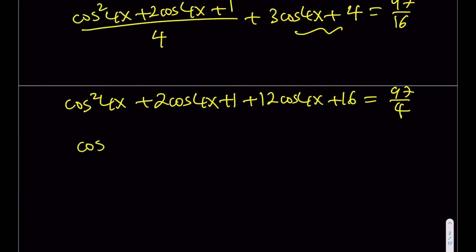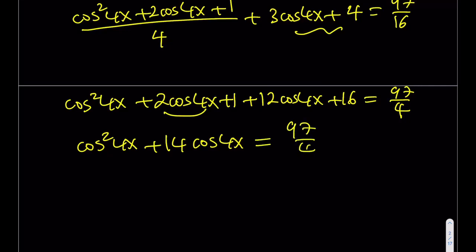We'll get cosine squared of 4x plus, okay, 2 cosine of 4x plus 12 cosine of 4x is going to give me 14 cosine of 4x. 1 plus 16 is going to be 17. If I go ahead and subtract 17 from this number, I should be getting something nicer, don't you think?